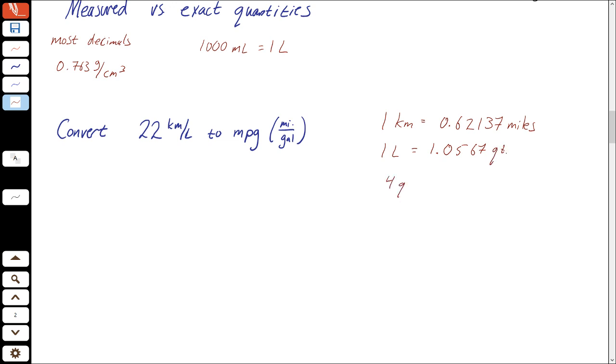And there are 4 quarts exactly in 1 gallon. Okay, that should be all the information you need. See if you can convert that fuel efficiency from kilometers per liter to miles per gallon.